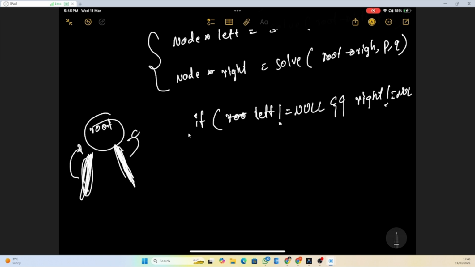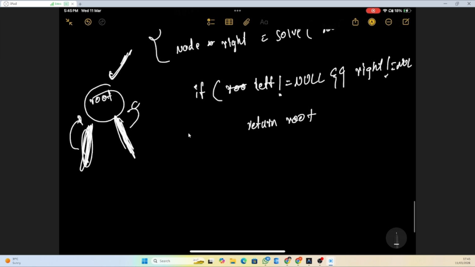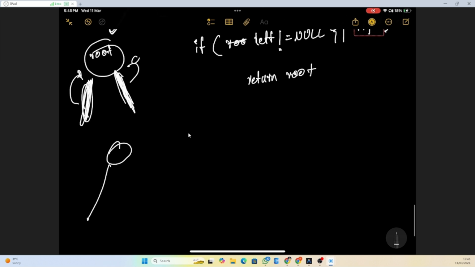What does it indicate? This root is the lowest common ancestor. So you return root. Otherwise, you return some P or Q. Here null you have written.